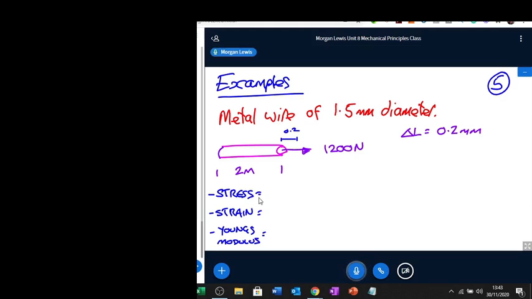And we know stress is just force over area. Got the force, we can find the area. Strain is change in length over original length. We've got both of them. And Young's modulus was just stress over strain. No trick here.